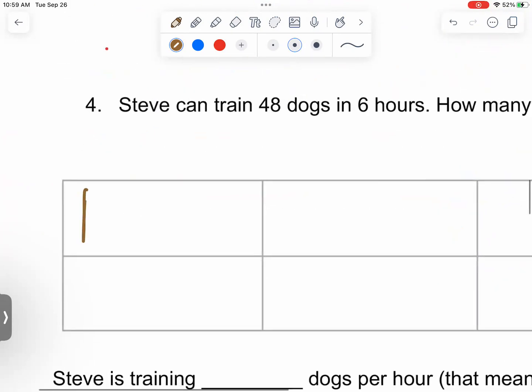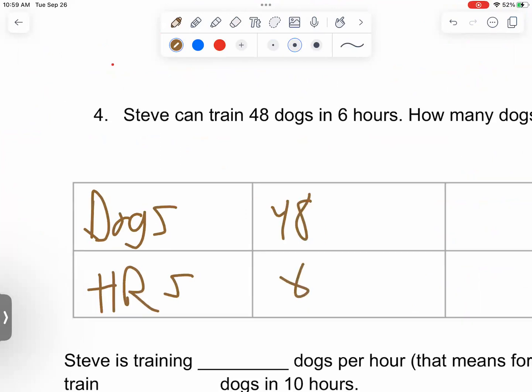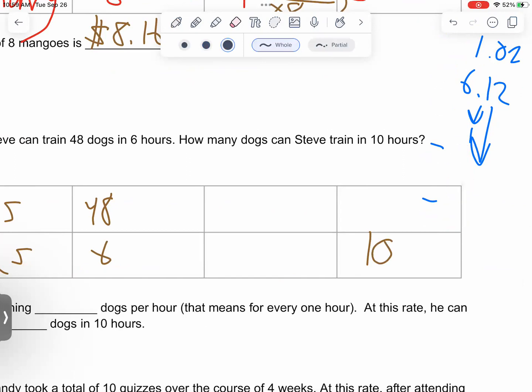So we have dogs and we have hours. So we have 48 dogs in 6 hours. We want to know how many he can do in 10 hours. But first, we got to see the unit rate, how many you can do in 1 hour.